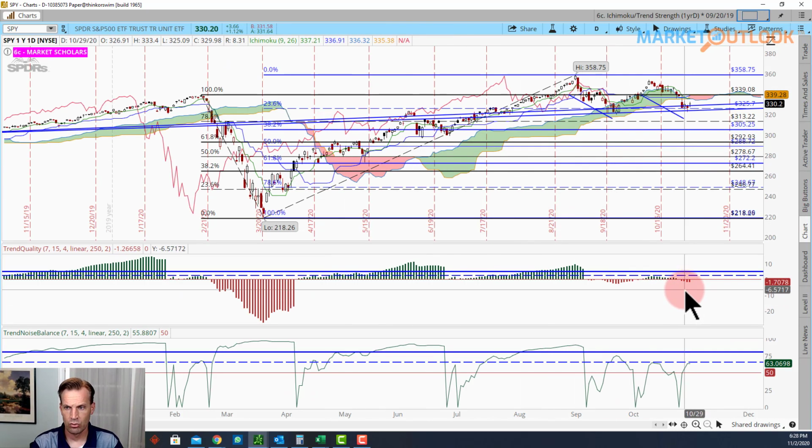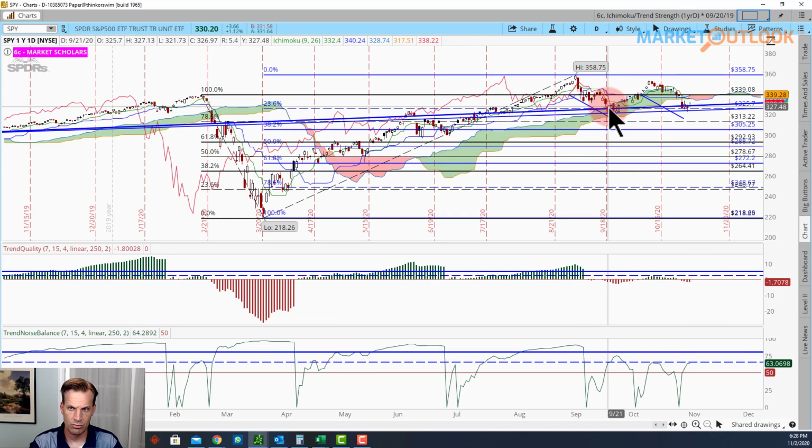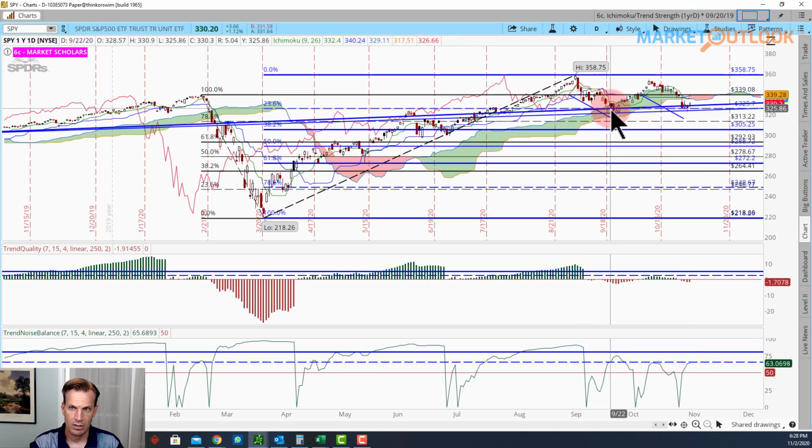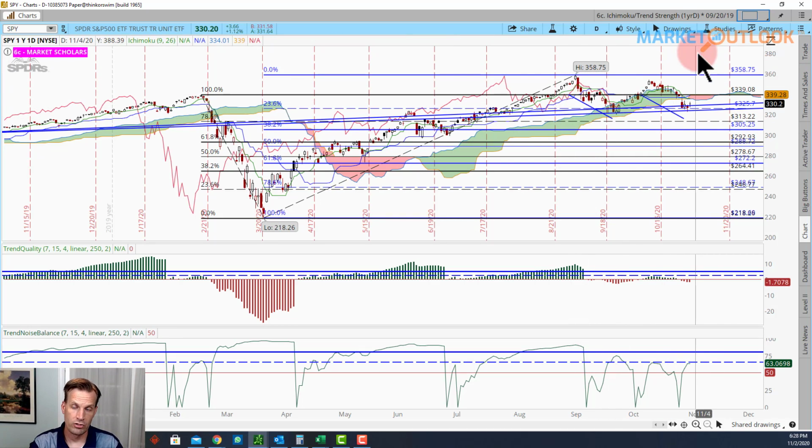You can also see we're still flirting with a moderate bearish trend, being below the cloud. We weren't below the cloud on this pullback, but we are below the cloud now. So that's a much different environment than the original pullback we had in September, a little bit more bearish than before.